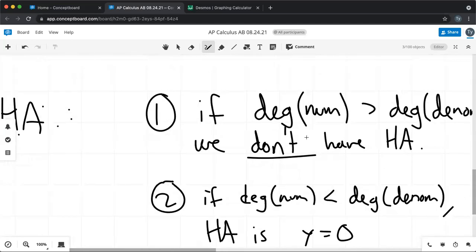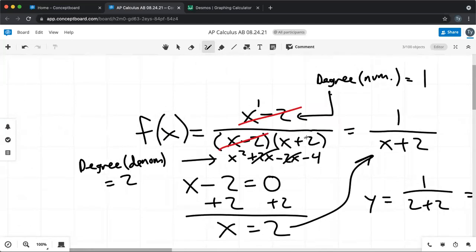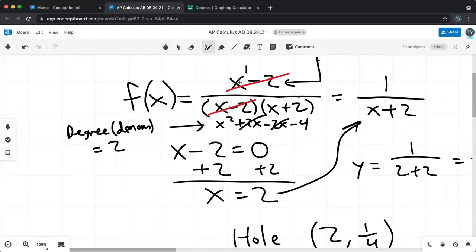We look at the term with the highest degree in both the numerator and the denominator. For example, in the numerator here, the highest degree term is just x. And then the leading coefficient, it's just the coefficient of that term. Okay, so in this case, we don't see anything, so it's a 1, right? So 1 would be the leading coefficient of the numerator. For the bottom, we look at the highest degree term, right? That would be x squared. What's the coefficient on x squared? It is 1 as well. So it would be 1 here for the leading coefficient of the denominator.